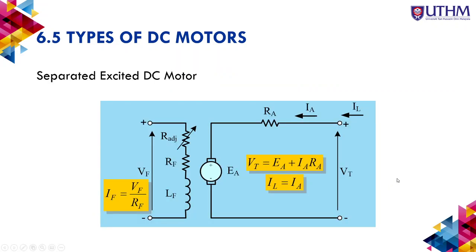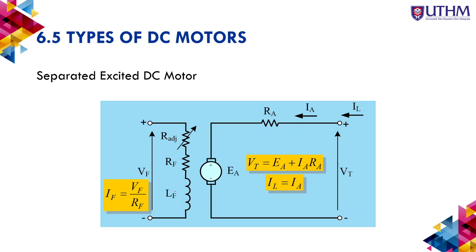This is the separately excited DC motor, as I mentioned before. We have an R adjusted, where we adjust the current flow. However, in calculation we can ignore this, and also the inductance over here.